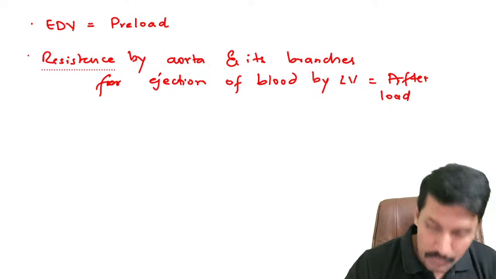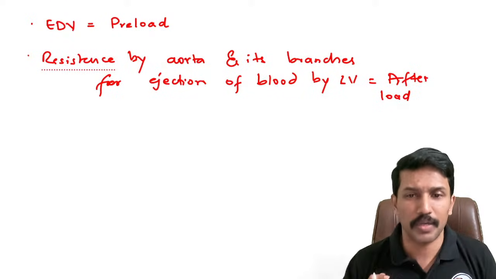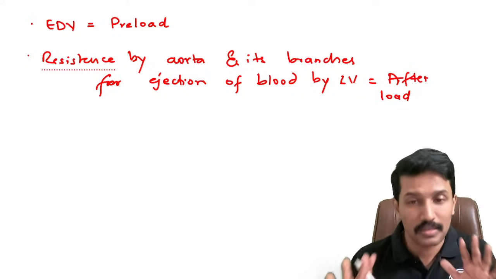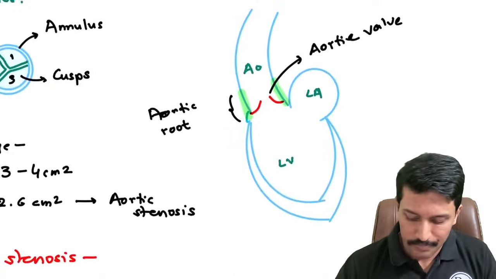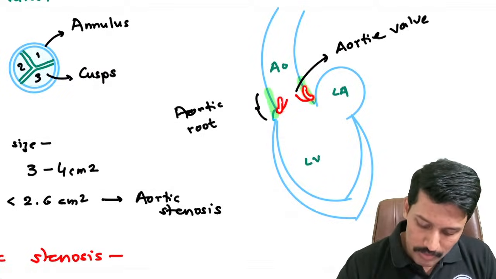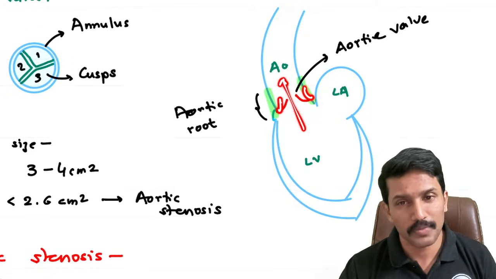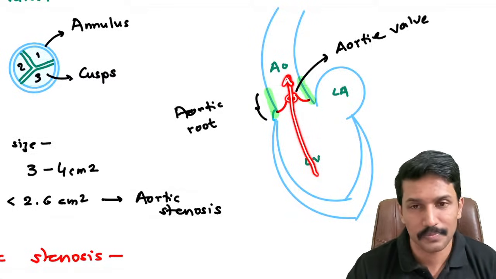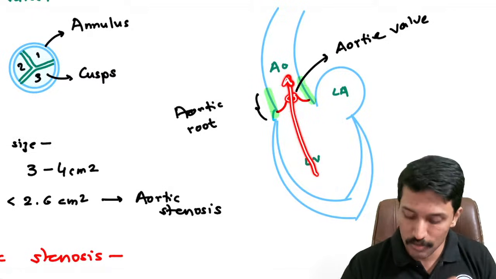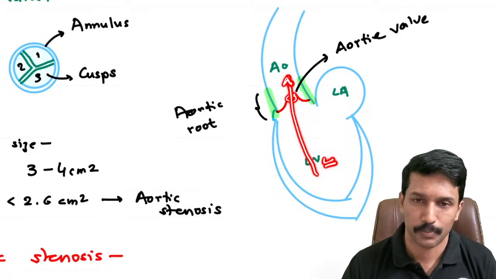Now, in normal circumstances, the aortic valve opens completely. It is not contributing to this resistance. The only resistance comes from the aorta. But now that the valve opening is narrow, don't you think it is resisting? And to overcome that resistance, the ventricle has to do more work, right?